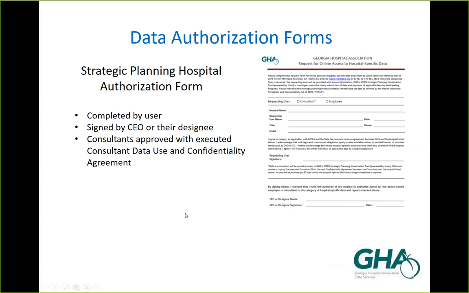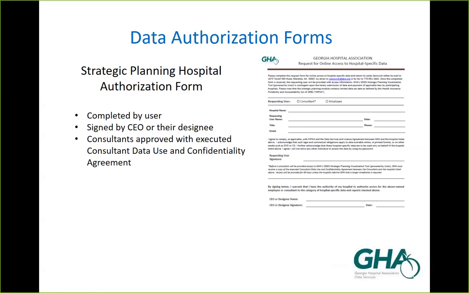Moving on to the data authorization forms, there are several that I'm going to go over. This is the strategic planning authorization form, for the visualization tool that we're now using through Javion. You need to email myself or Sharifa to request the form, and we will send it to you, and you complete it, and then the CEO or their designee needs to approve that user.